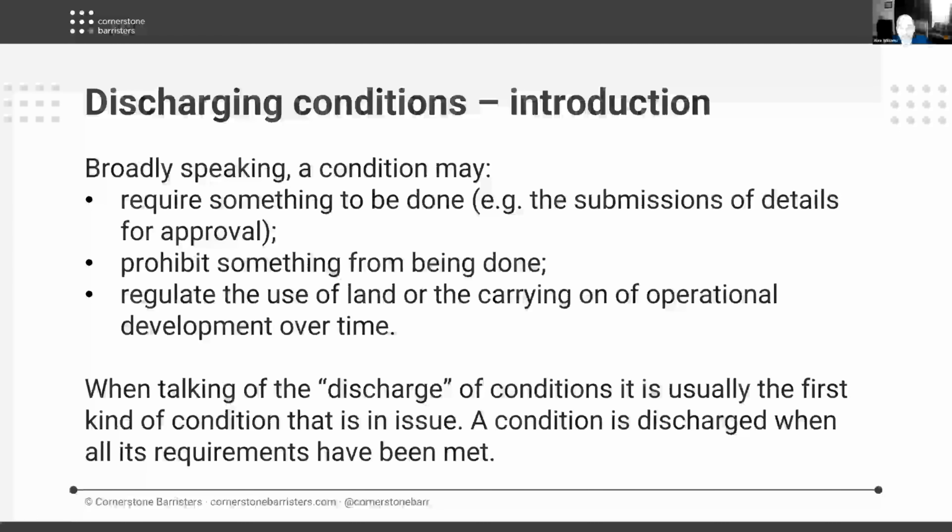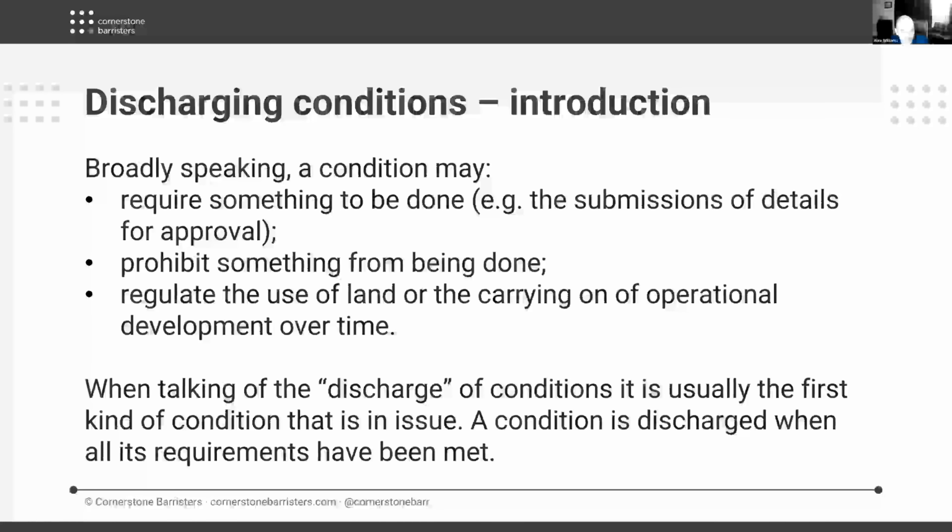So a condition may, for instance, impose times or limits on when during the day building work can take place. A condition may regulate the use of land, one example being a bar or a restaurant in a hotel. There may be restrictions on operating hours for that bar or restaurant for amenity purposes and for the benefit of neighbouring properties.